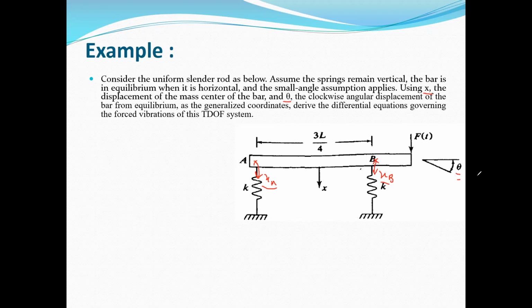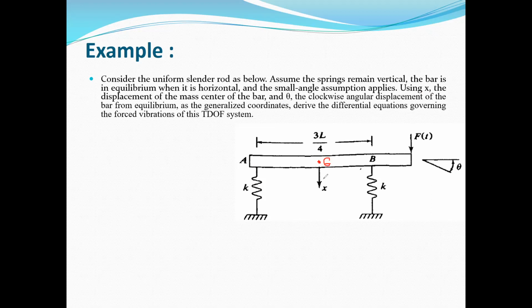But in this case, as I told you, the degrees of freedom are given, and we should use x and theta, where x is the translational displacement of the mass center G, if we call it G, and theta is the rotation about this point. I mean, because this rod has translational and rotational motion at the same time.